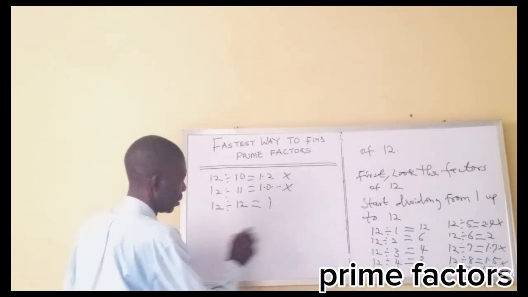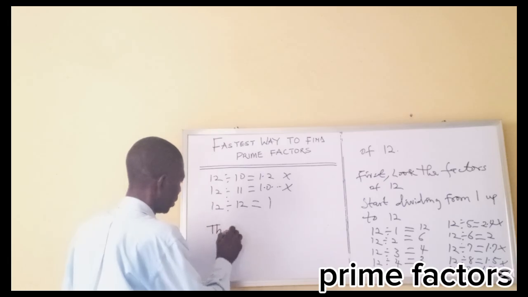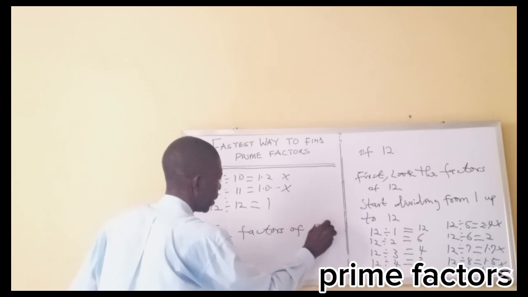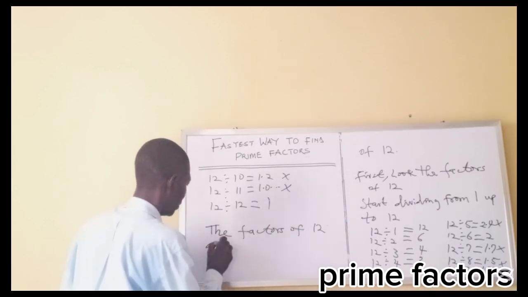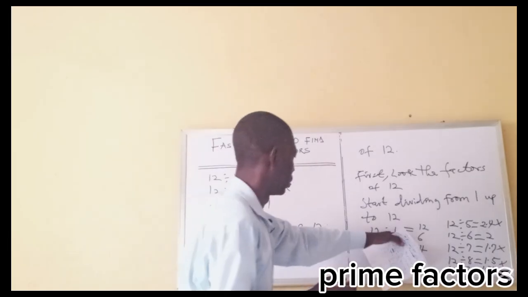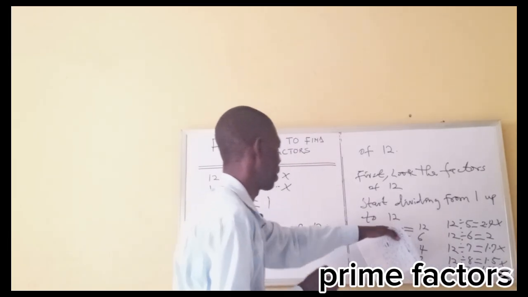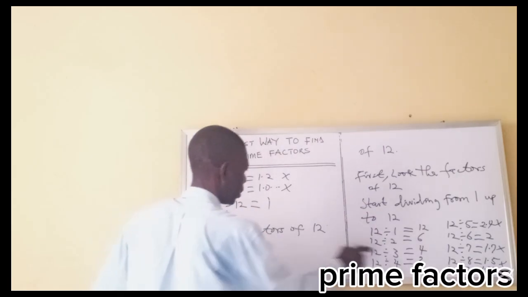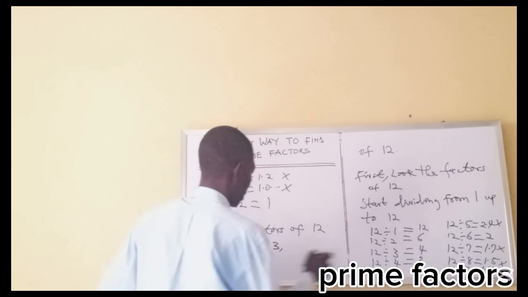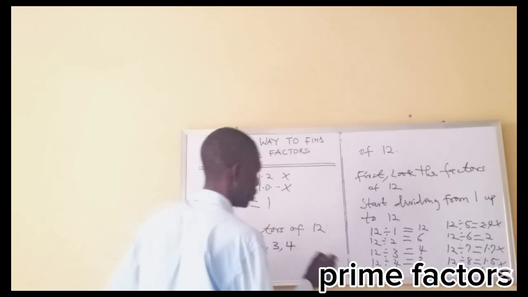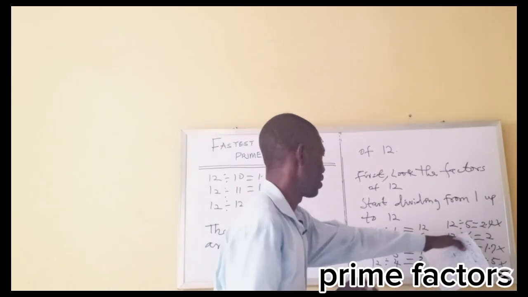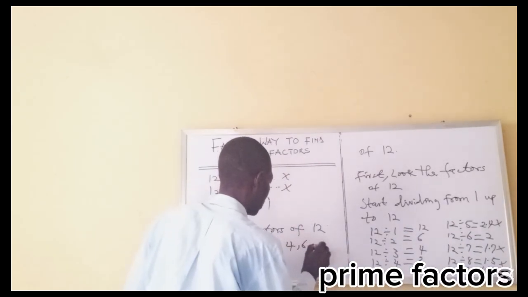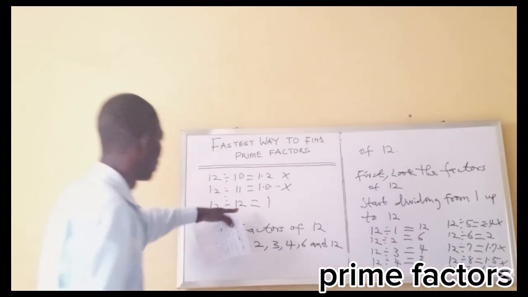The factors of 12 are 1, because it has given us a whole number without the decimal places. 1, 2, 3, that is 4. Then if you look at this one, 2, that is 6. And 12.